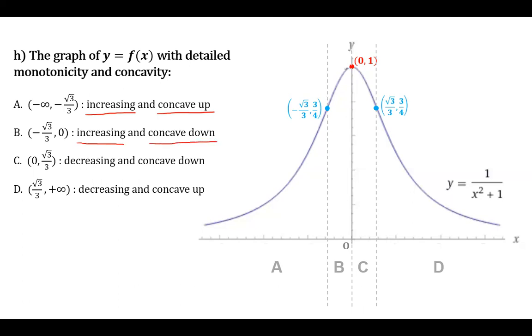In the third region, from 0 to positive square root of 3 over 3, this function is decreasing and concave down. In the last region, when x is greater than square root of 3 over 3, this function is decreasing and concave up.